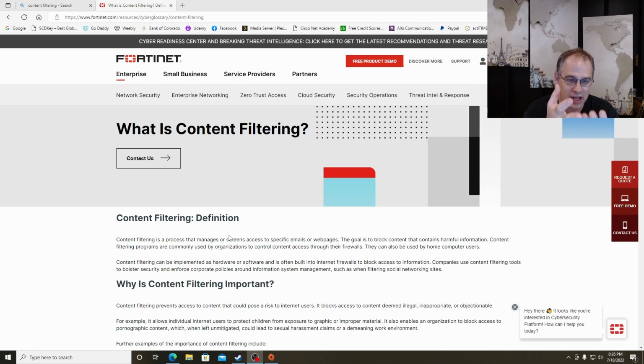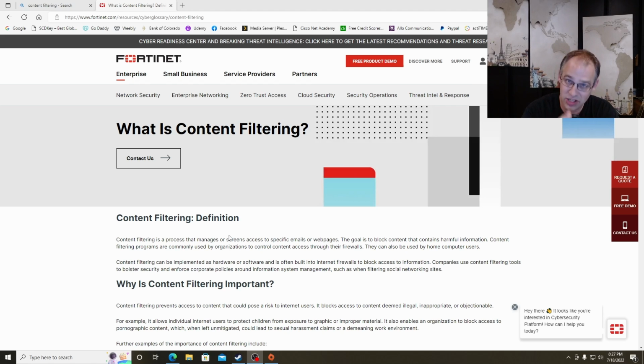So DNS filtering is the one that is probably the most common because it is the easiest to set up. You take your router, you point it at an IP address somewhere, and whenever it has a DNS query, it says, okay, forward this traffic to this IP address and do the filtering there.